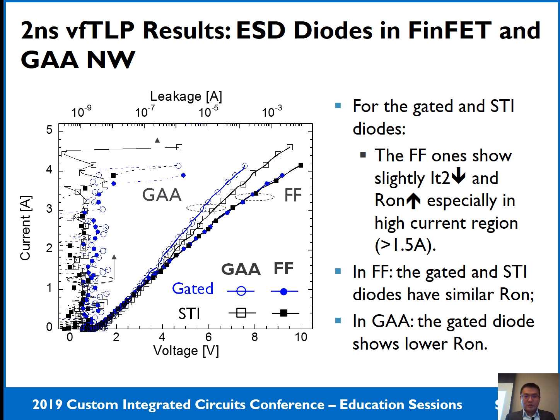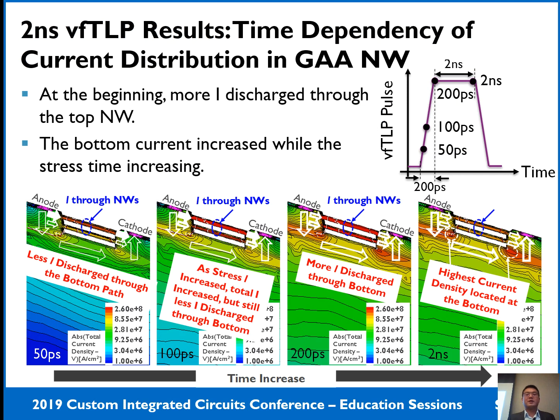For the explanation in the gate-all-around: previously I showed you that the gate diode and the STI diode in the gate-all-around technology have a similar IT2. But in the 2 nanosecond very fast TLP result, the gate diode shows slightly lower IT2 compared with the gate-all-around STI diode. The reason is related to the time dependence of the current distribution in the gate-all-around gate diode.